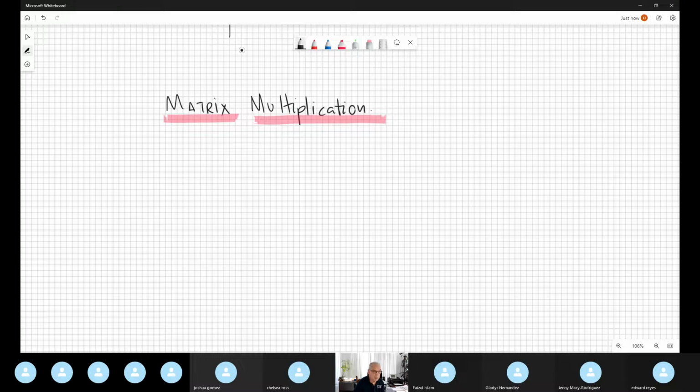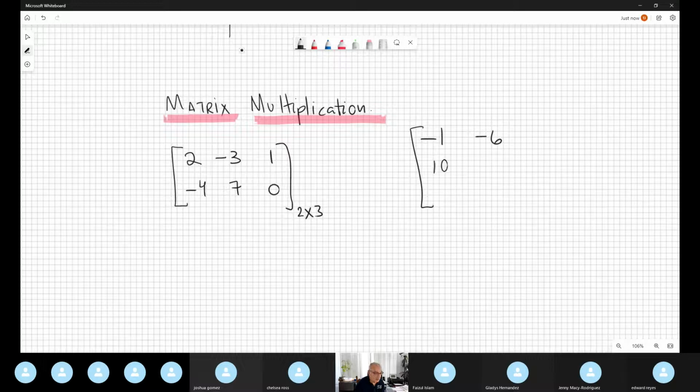Suppose this example. Suppose one matrix is 2, minus 3, 1, minus 4, 7, and 0. By the way, the dimension is 2 by 3. We have another matrix: negative 1, negative 6, 10, 5, 8, and negative 2.